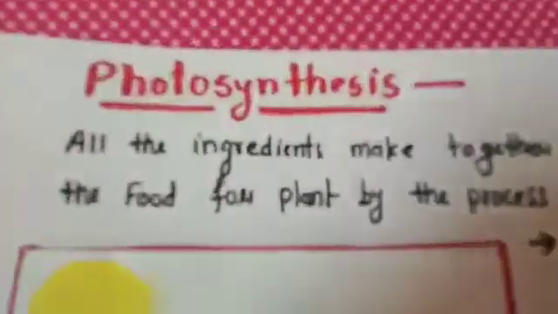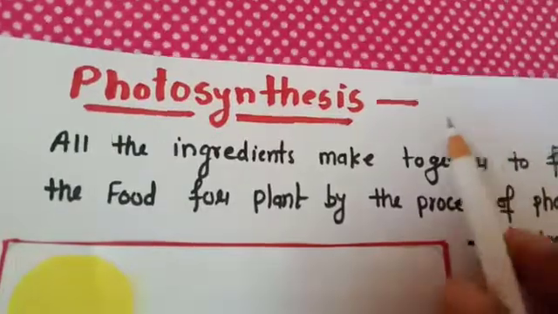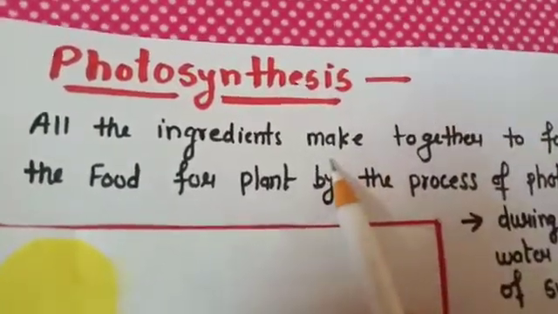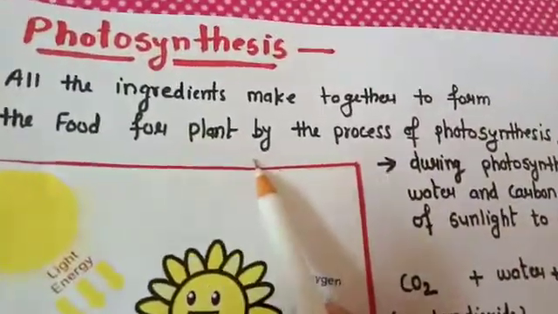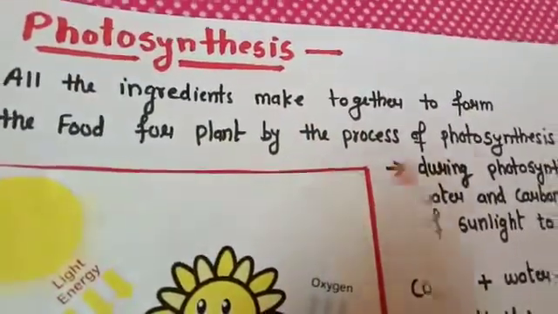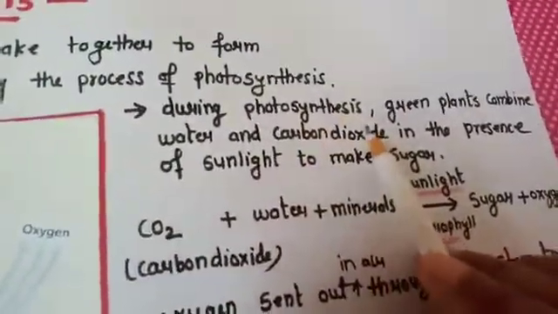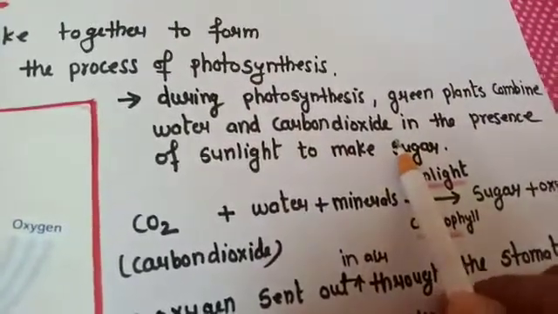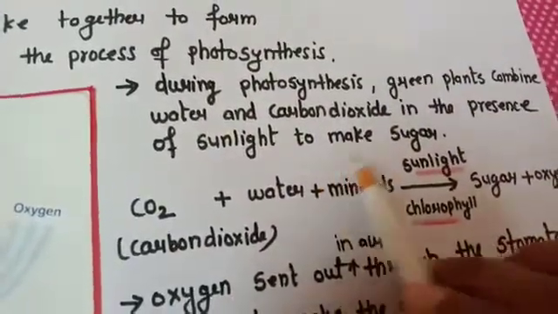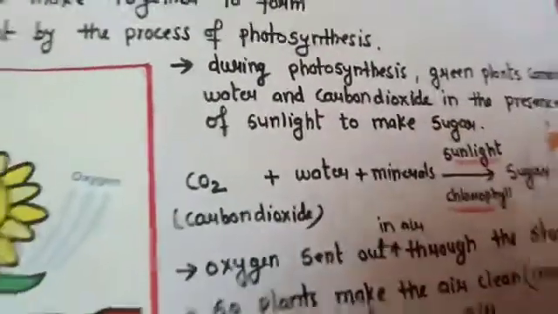Now next, photosynthesis. So in the process of photosynthesis, all the ingredients come together to form the food for the plant, and this process is called photosynthesis. Now during photosynthesis, green plants combine water and carbon dioxide in the presence of sunlight to make sugar, and sugar is the food of the plant.